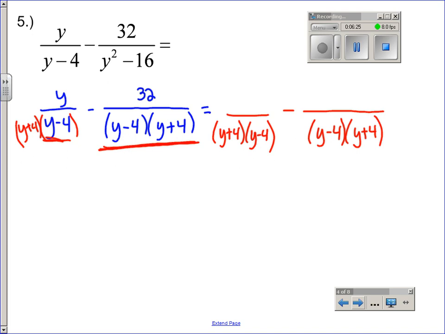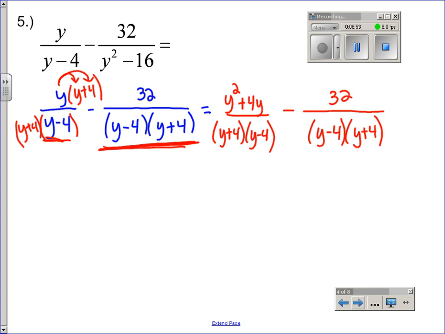So what we do to the bottom, we have to do to the top. So multiply it through y times y, and then y times 4. Now looking at the next denominator, we already have both of them, so you're really multiplying by 1, so your top is going to stay at 32.